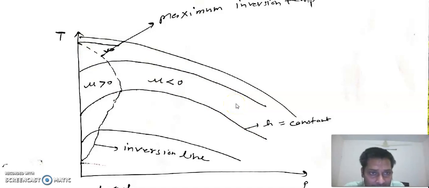But as temperature increases, the increasing slope portion of the line starts to decrease, and at some temperature this increasing trend completely vanishes.